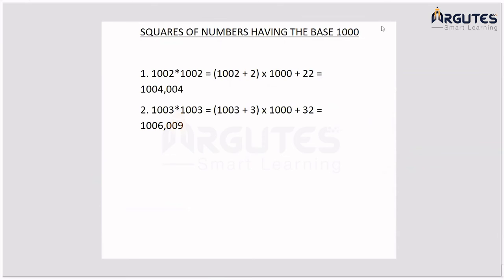Square of a number having the base 1000. Suppose we have to find the square of 1002 into 1002. We will apply the same concept over here. We will just add, so it will become 1004. Then 2 square is 4, so we will write here 004.